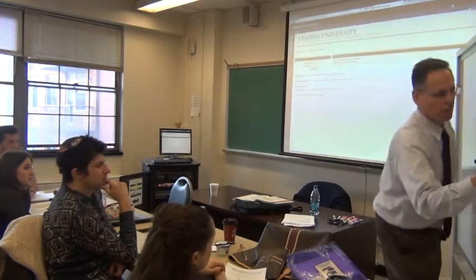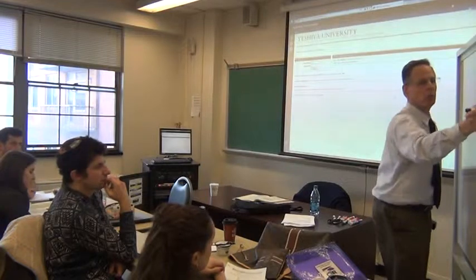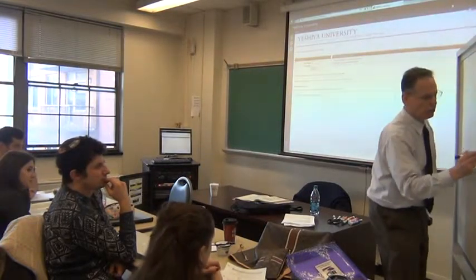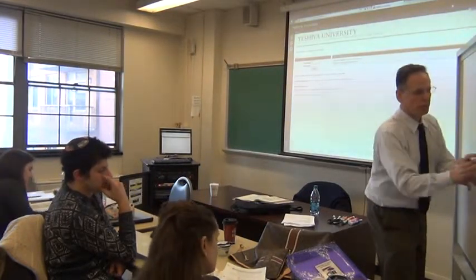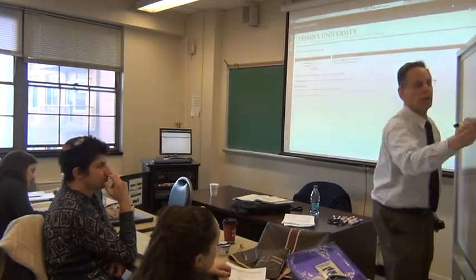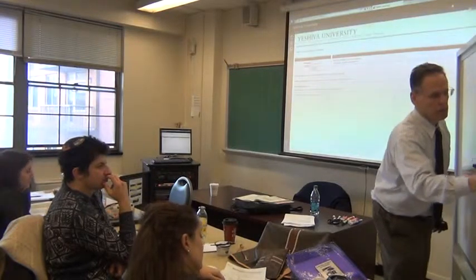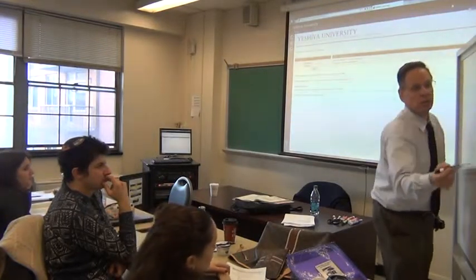So let's total. We have 1 million minus these two, 500. So this is going to be contribution margin. For the first one, it's going to be 540,000. And for the second one, it's going to be 810.